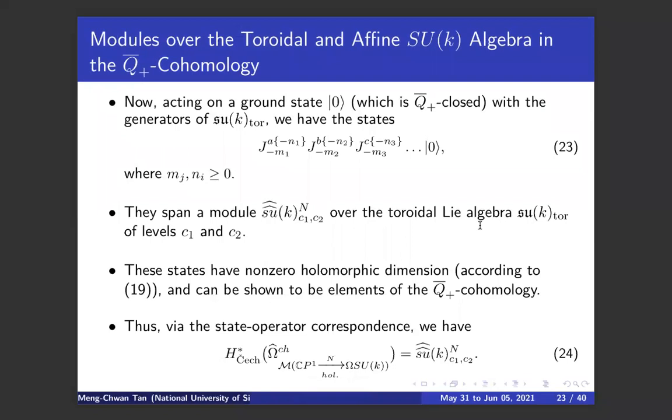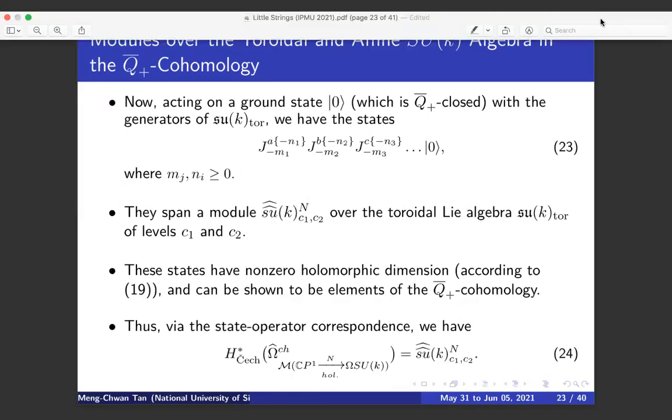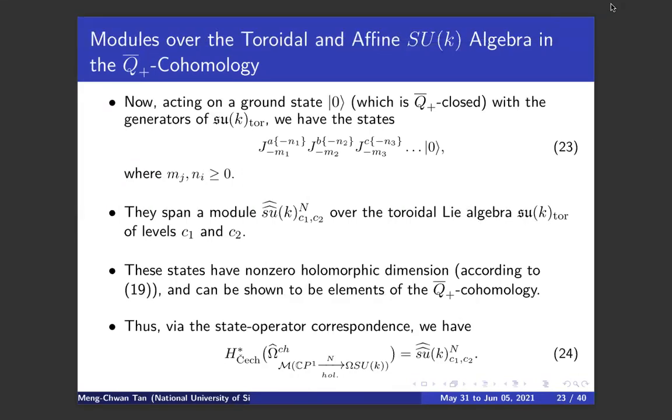Oh, I see. So this is the winding number. I see, because it's a loop space. So essentially, there are two loops. The worldsheet has a loop, the space has a loop.